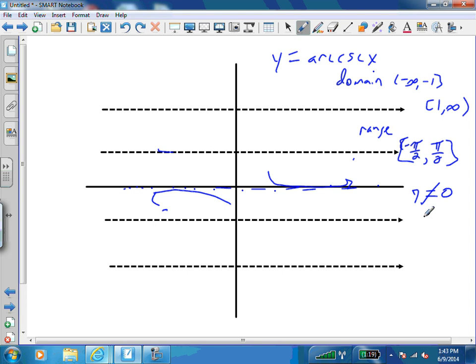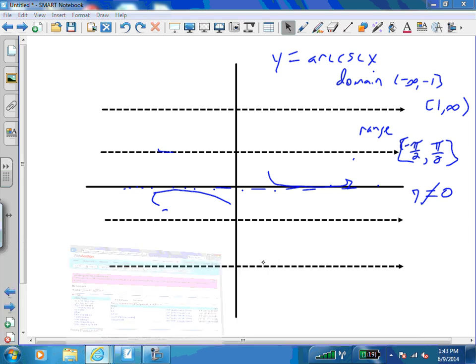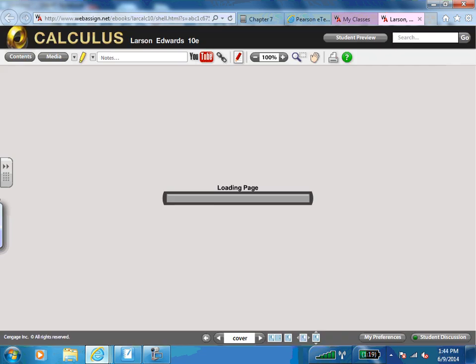Now, I'm not going to make you derive all of that or memorize all of that, but I did want you to be aware of, well, when we pull that up and see that list, let me pull up the book. Why are the domains like they are? Why are the ranges like they are?